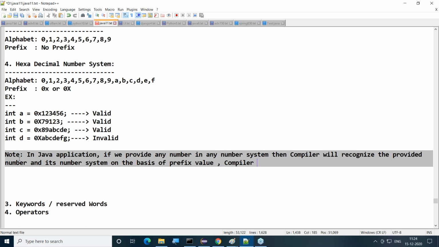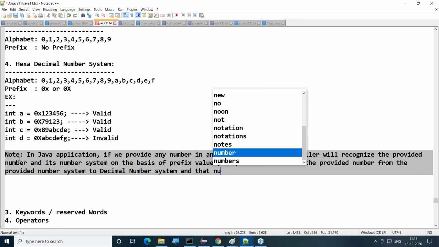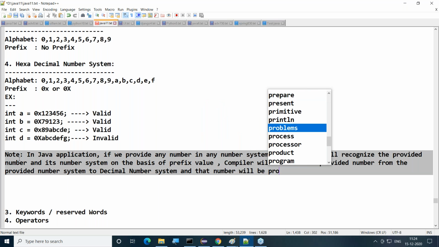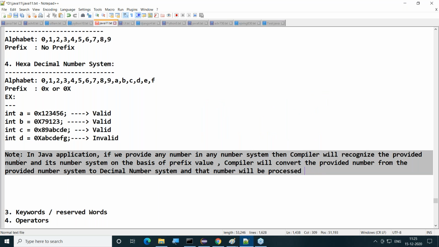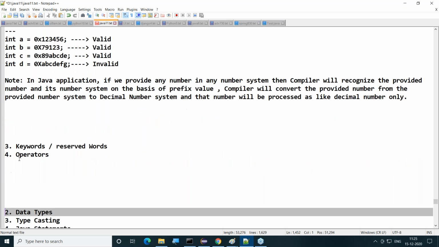The compiler will convert the provided number from the provided number system to the decimal number system, and that number will be processed as a decimal number only.